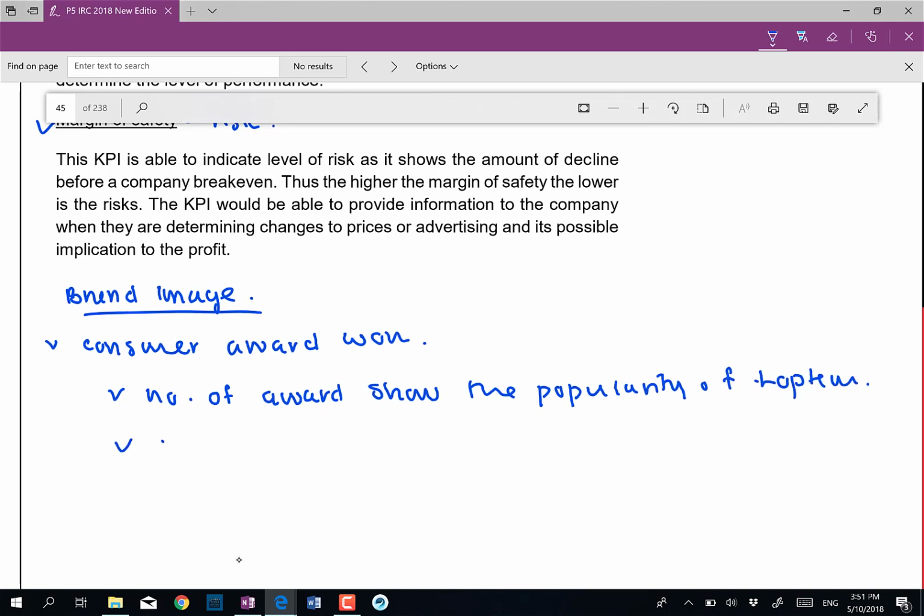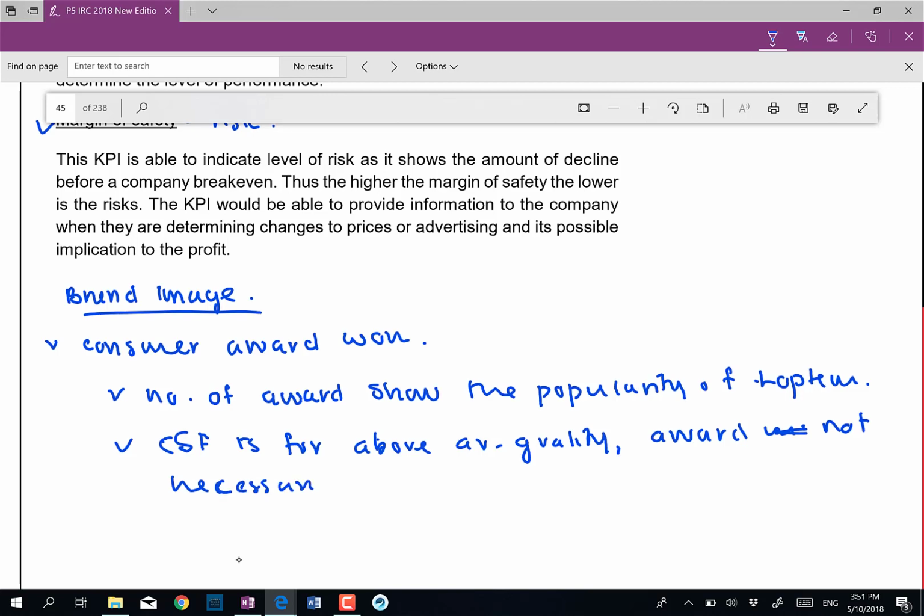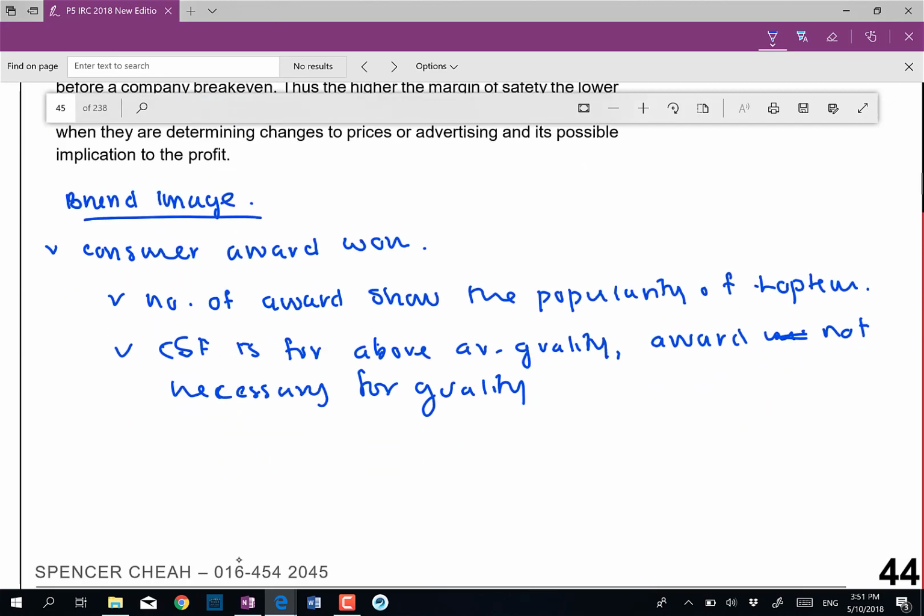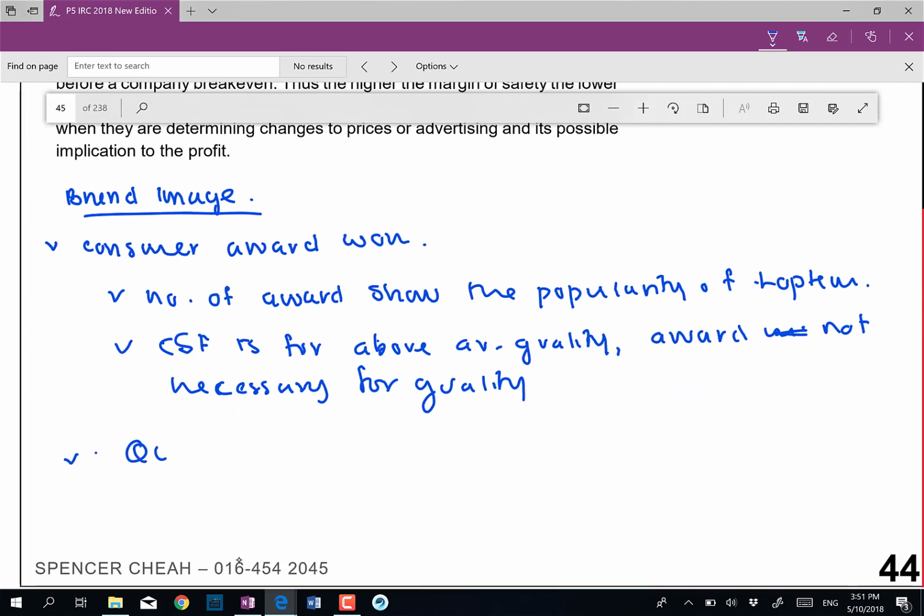But because the critical success factor is for above average quality, the consumer awards won are not necessarily indicative of quality. Now, we can also use another KPI, that is quality cost.